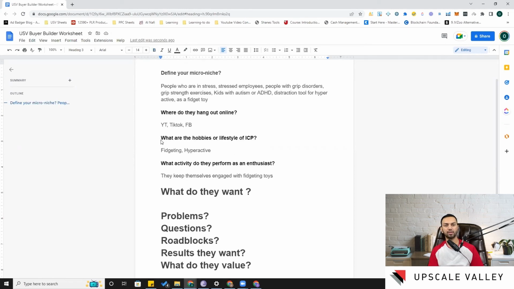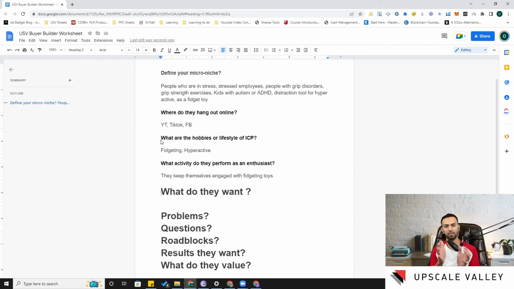That's basically the overall buyer builder worksheet, where we identify our micro niche, where the ideal customer persona is hanging out online, what the hobbies are, how we do social listening to identify the hobby part, the activity part, and the problem part, what the two different flavors of pain or problem are, how we utilize the first flavor and the second flavor, and what the two branches of the second flavor are.